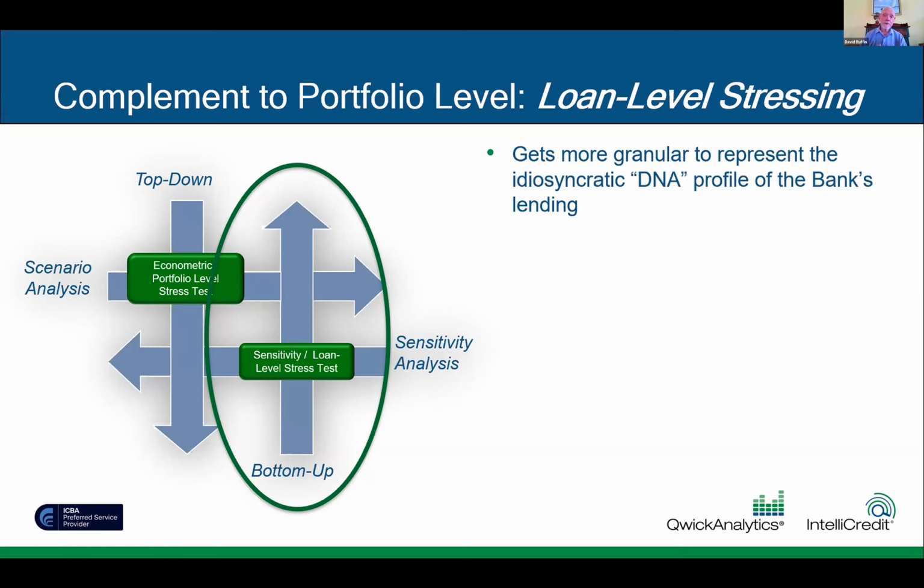We actually built some of this based on an FDIC white paper that was directed to non-complex banks in terms of what would be adequate to do that. Again, one of the things you have to accept on loan level stress testing is our energy source, unlike QwickAnalytics, is non-public. It's not call report. It's really your own idiosyncratic loan data that comes off of your core system.